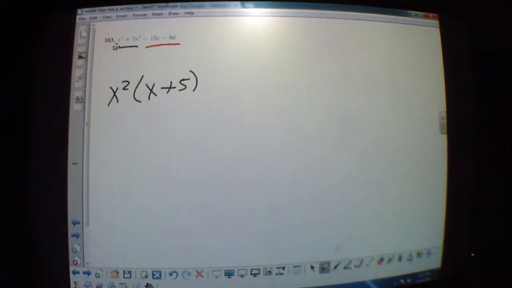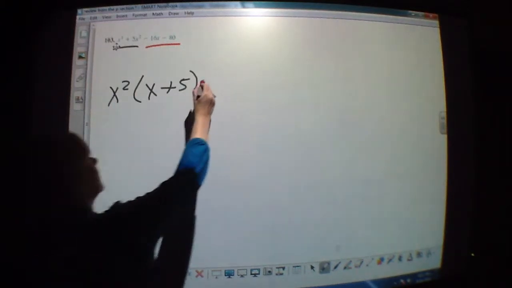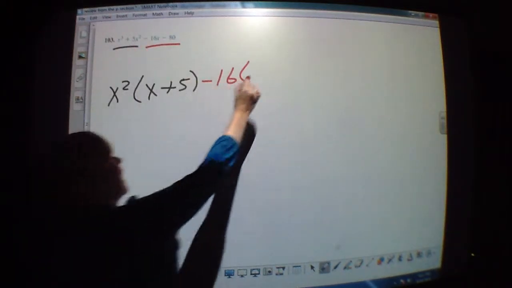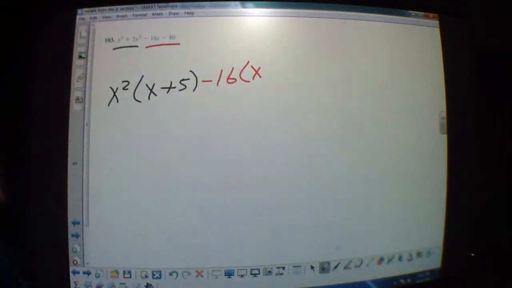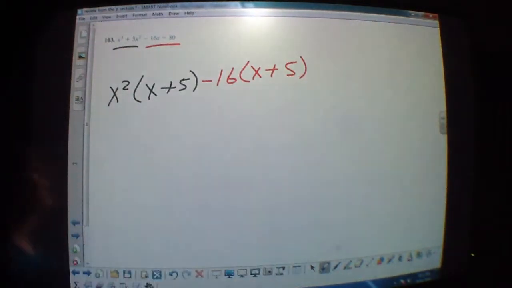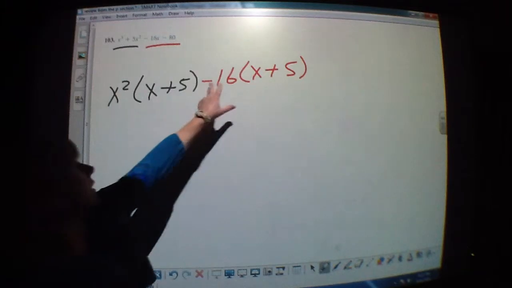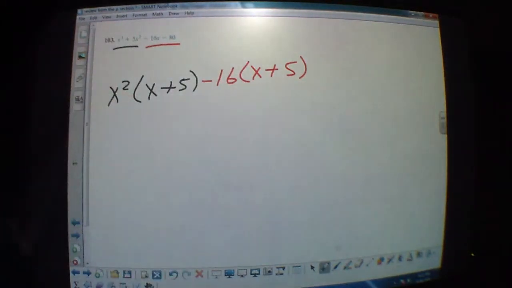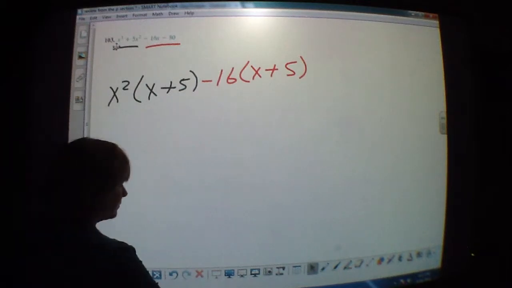The second one, 5 times 16 is 80, so I'm going to bring out a negative 16. And I'm left with x in my first spot, and the second one I'm left with a plus 5. Negative 16x, negative 16 times 5 is negative 80.